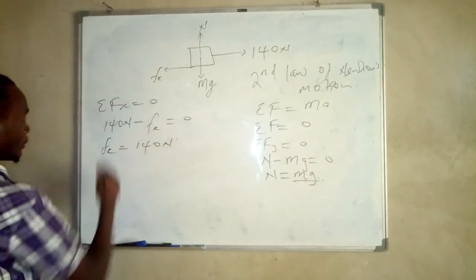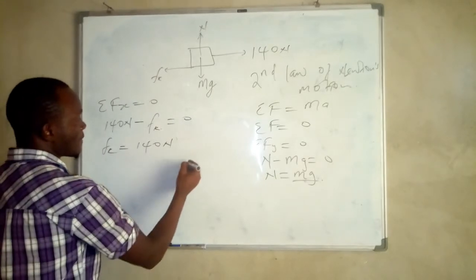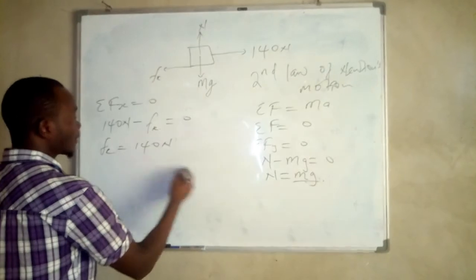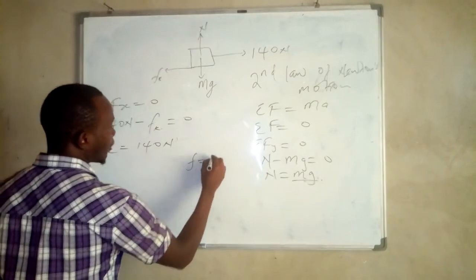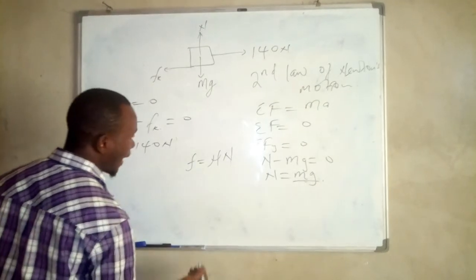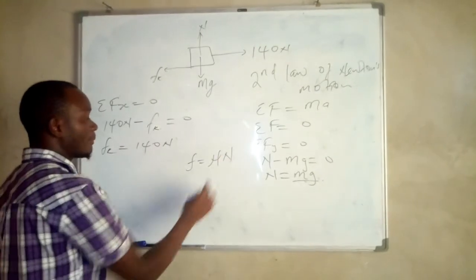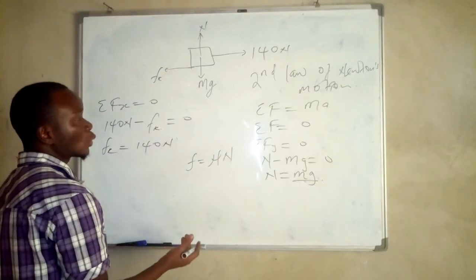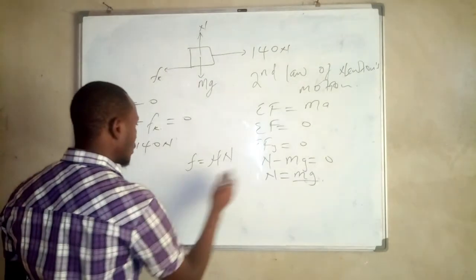Now, we know that the kinetic friction, or the force of friction, is given by the formula mu times N, where N is the normal force acting on a body. According to what we have seen, we found this N to be equal to mg.